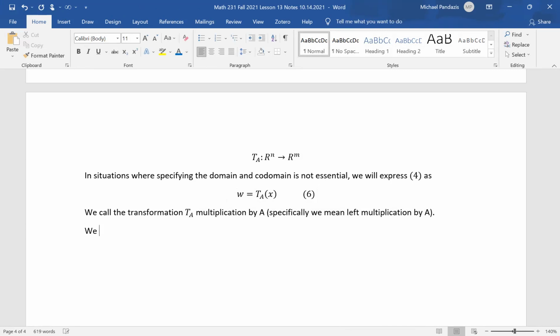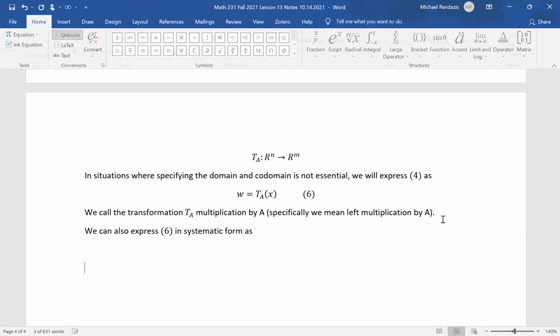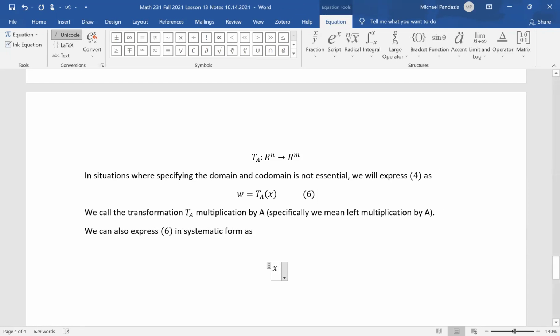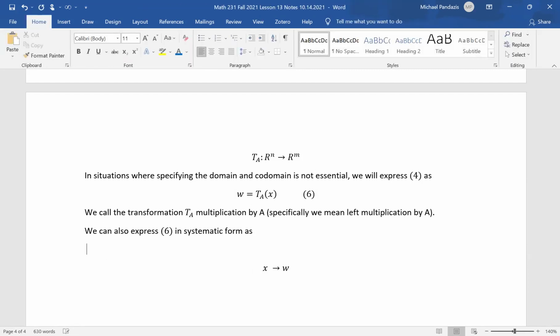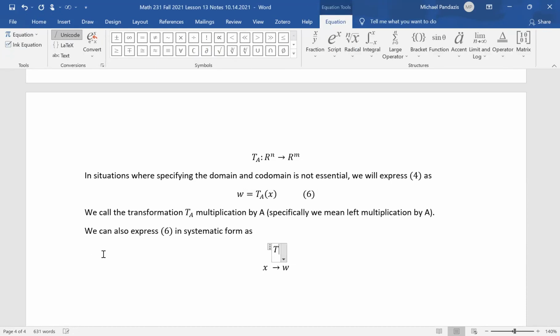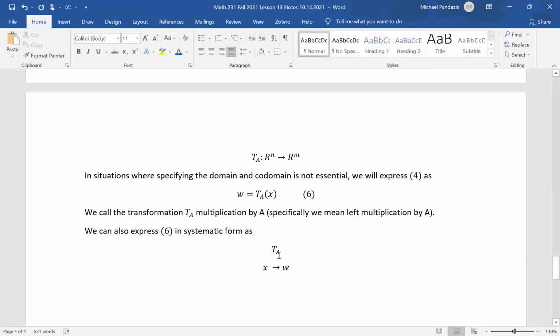Okay, so we can also express equation 6 in systematic form as so: x arrow W, with T sub A directly above the arrow.